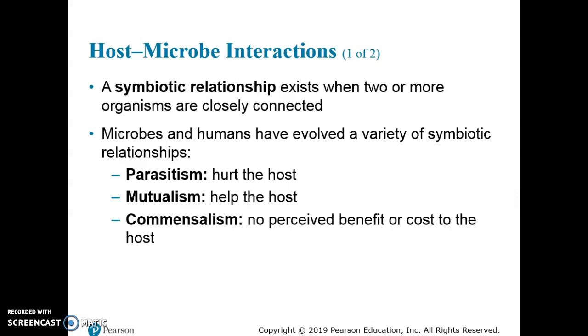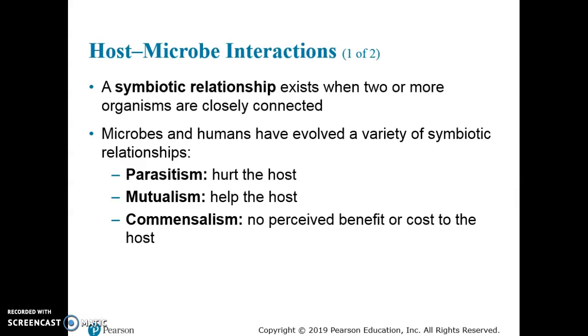And there are different ways that we can refer to those host microbe interactions. The symbiotic relationship exists when there are two or more organisms that are closely connected. Right? We have a symbiotic relationship with bacteria, the bacteria that live on us and in us. Obviously it's a very close relationship.